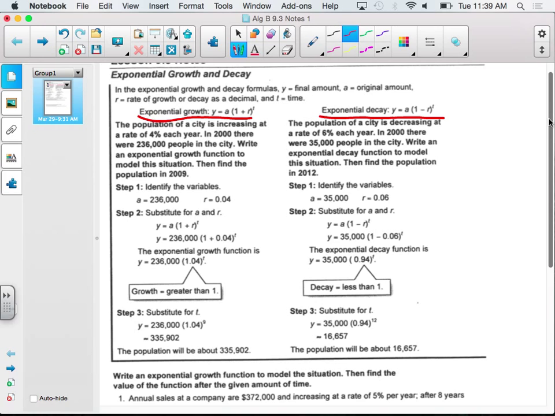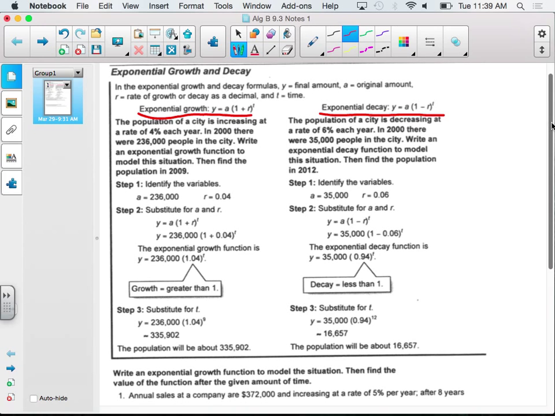So, first things first, what are we being asked to find in that question? Or what is that representing? What is that example asking us to do or describing? Can you say it again? What is the example describing?